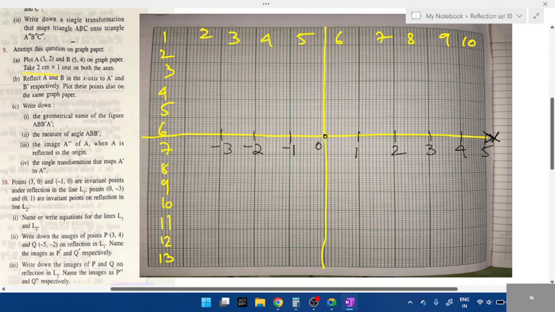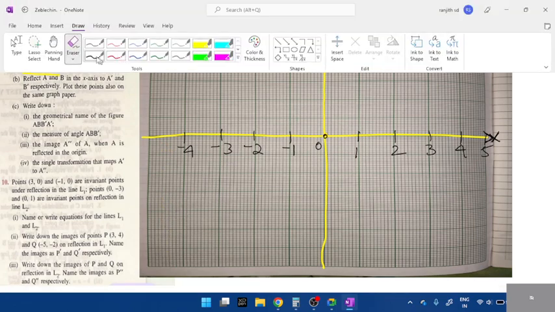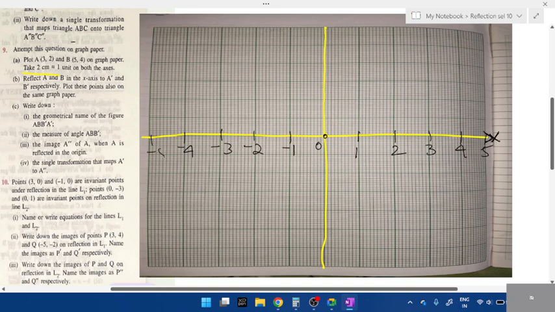This is the basic. Don't write, students. When I'm teaching, don't write. First listen. Is this clear? All of you got to know how to take the axis. X dash.